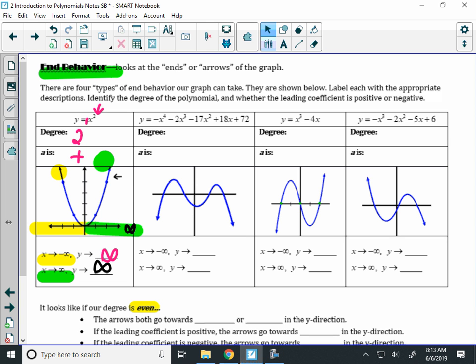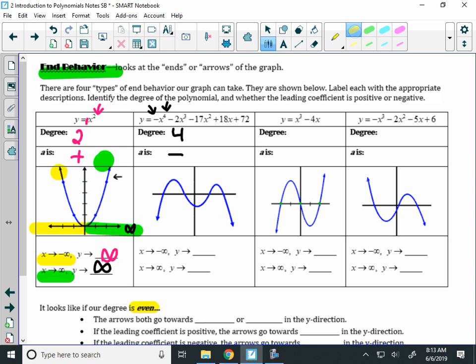All right, the next one. The degree here in this next polynomial is 4. That's the highest exponent, so it's called a quartic polynomial. The first term is negative. That's why my arrows are both pointing down. Now let's talk about end behavior.